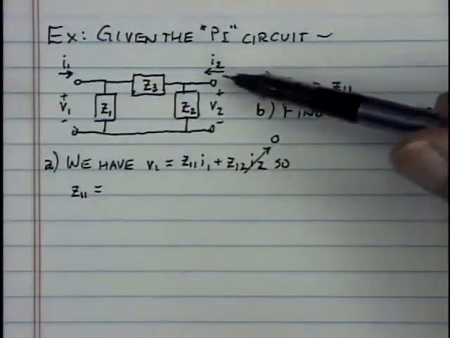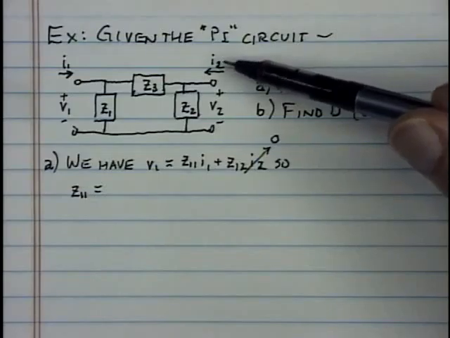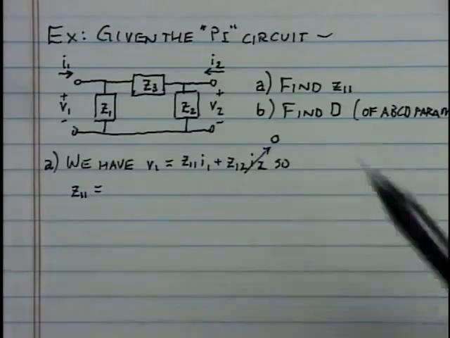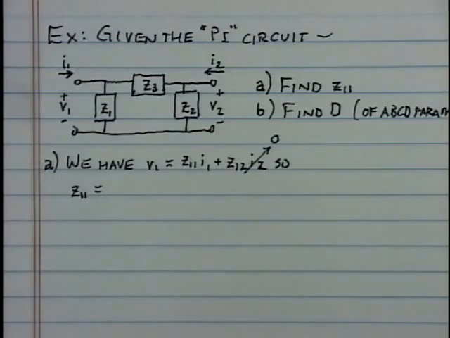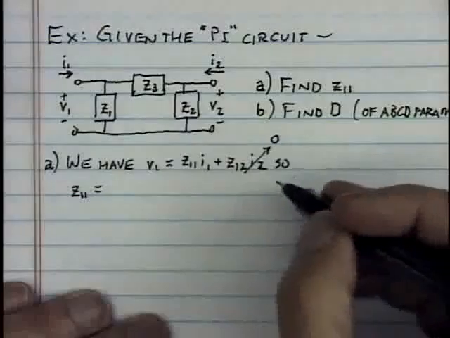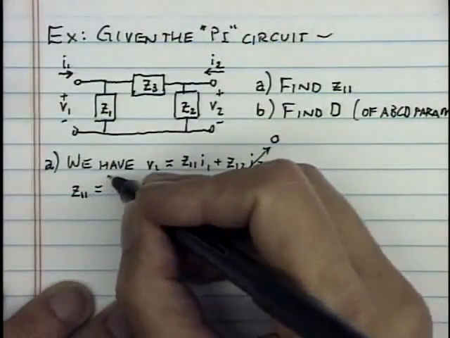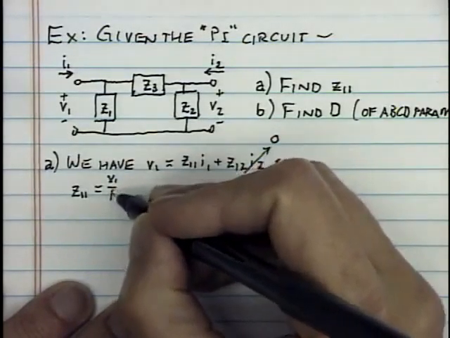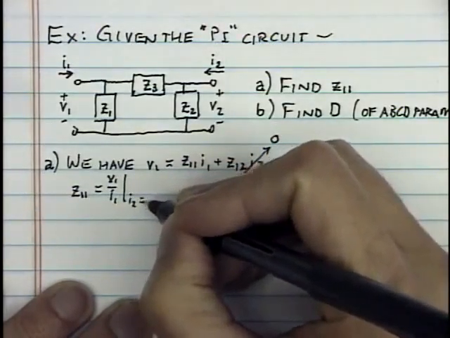That is to say, in a measurement or in a calculation, let's force I2 to be equal to 0. Now, I2 is the current flowing into the upper terminal up here. So if I2 were equal to 0, that means that term would be equal to 0, and Z11 would just be equal to nothing more than V1 divided by I1 when I2 is equal to 0.